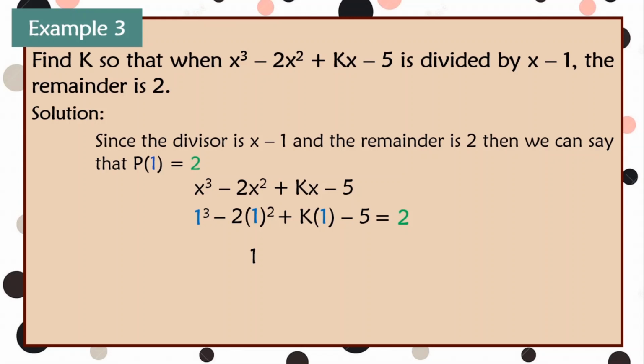Negative 2 times 1 squared is negative 2. k times 1 is k. Then minus 5 is equal to 2. Combine similar terms. So we have negative 6 plus k is equal to 2. Use the addition property of equality. So we have k is equal to 8, that is from 2 plus 6.